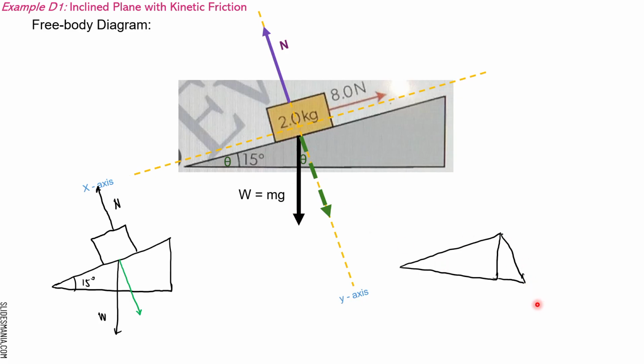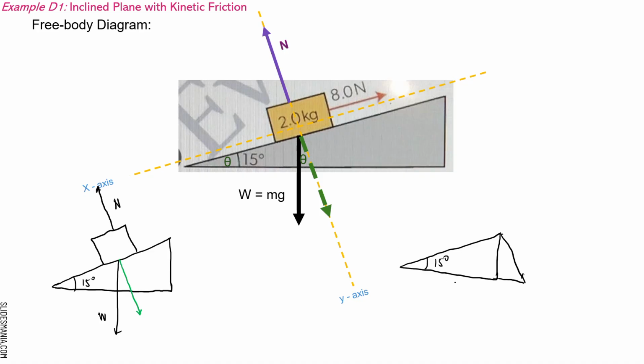Then this one, that's the green arrow. So this is capturing this portion of the triangle right here. Again, what angle is this? This is 15 degrees. Then notice that the weight vector is perpendicular to the base of the triangle, right?